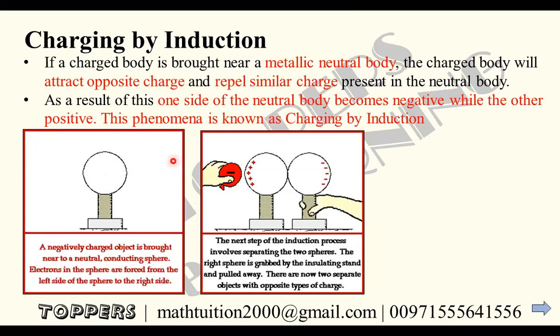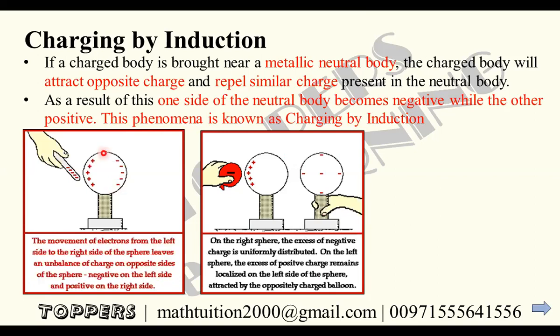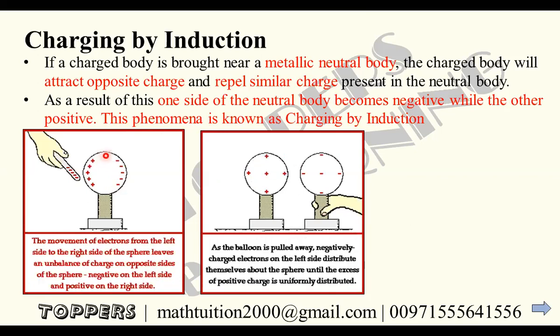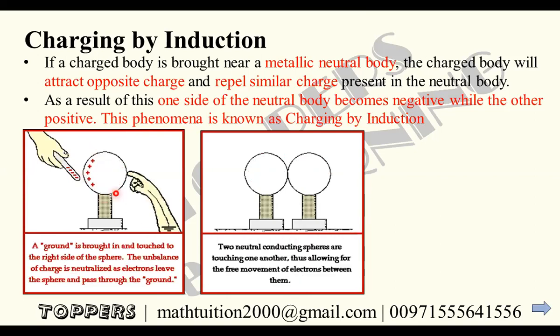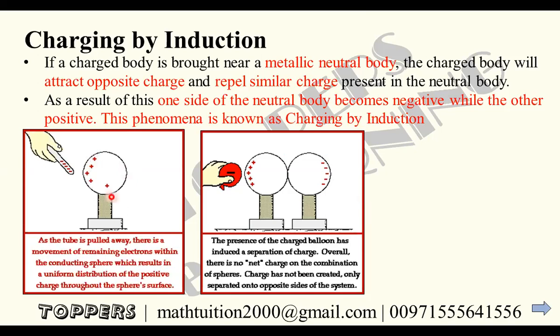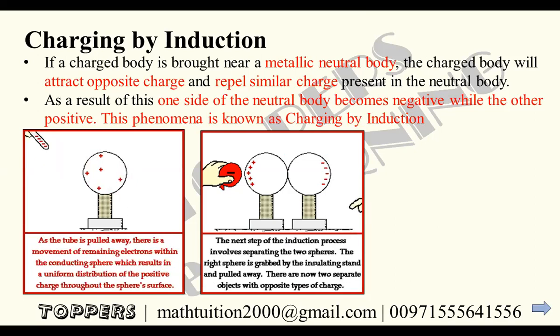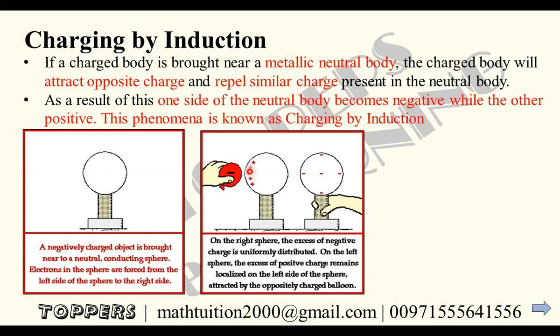This positive charge will be distributed uniformly on the surface of this metallic body, with equal spacing. It will not go into the body, but stays on the surface. This is charging by induction. See the second animation.